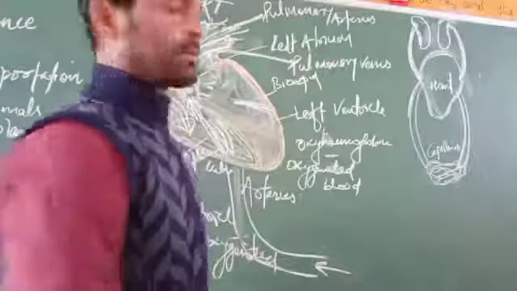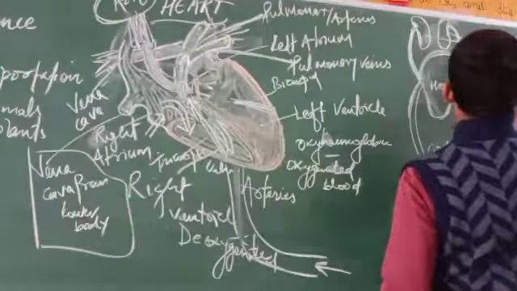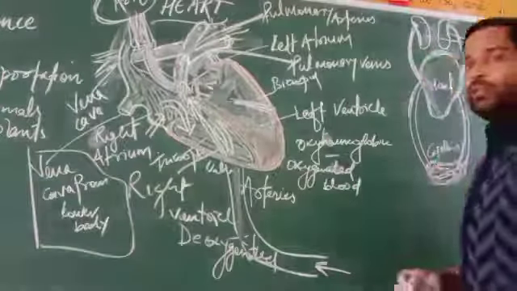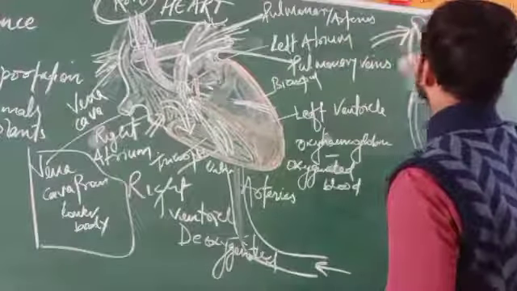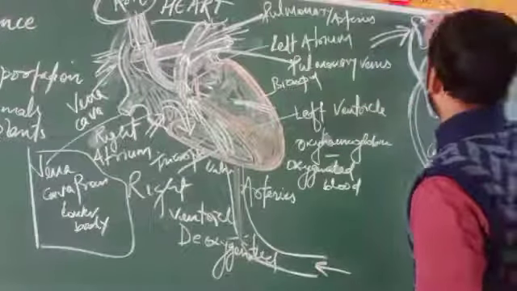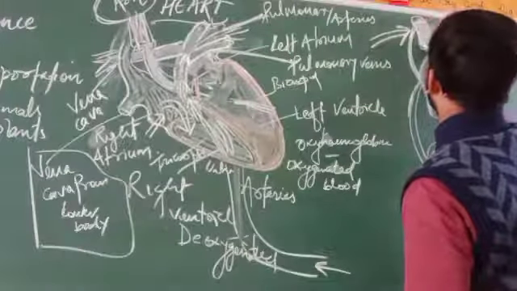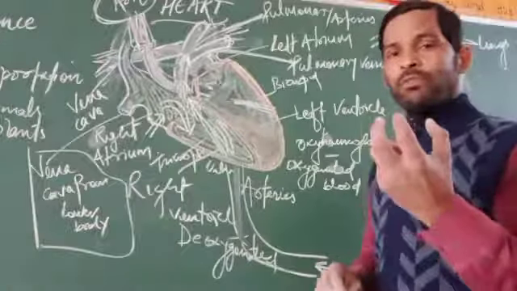If there are lungs, the lungs have the property to absorb the deoxygenated blood first. So this deoxygenated blood goes up to the lungs first, and here are the alveoli.